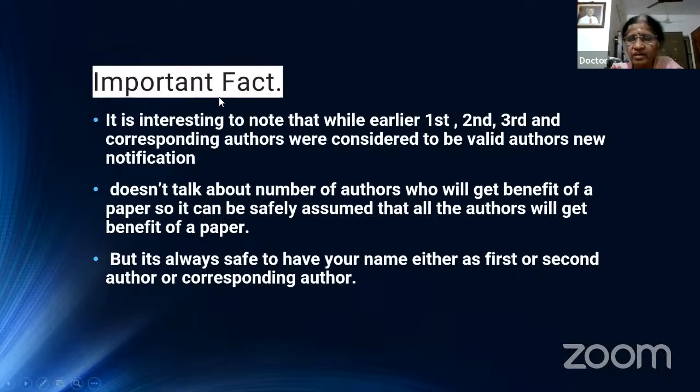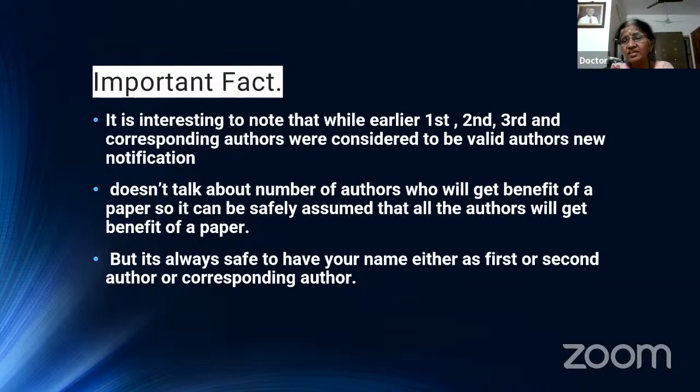But another important factor is, usually we'll say you should either become first author, second author, or corresponding author. But now they say any number of authors could be there. But to be on the safer side, it is better that you either be the first author or the second author or the corresponding author. Only then many institutions will accept. Suppose your name is somewhere third or fourth.